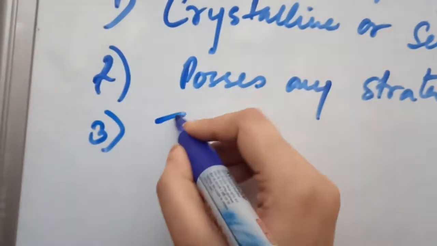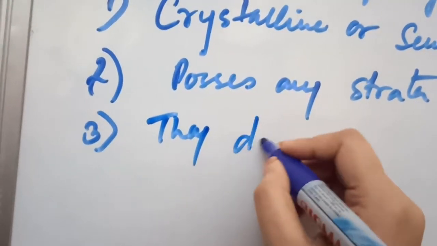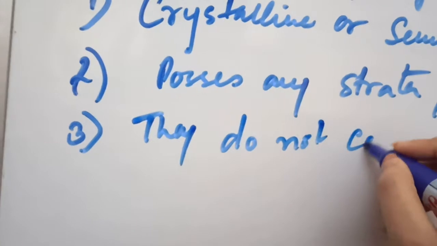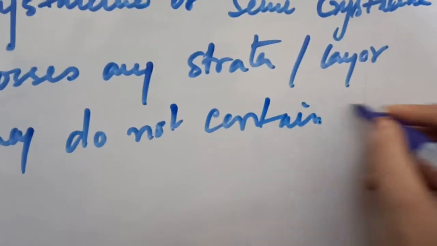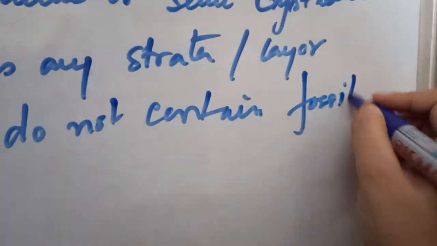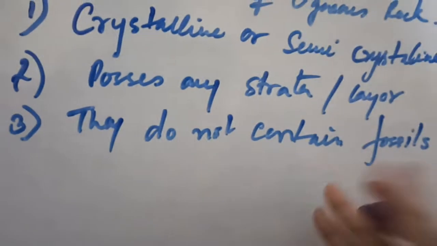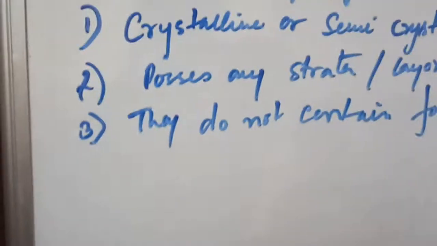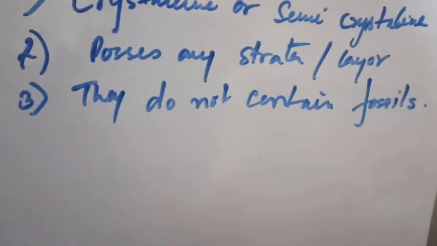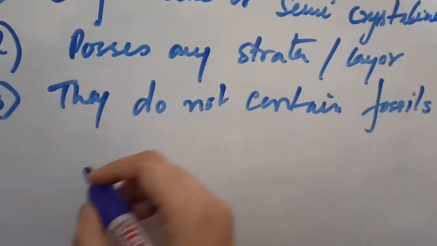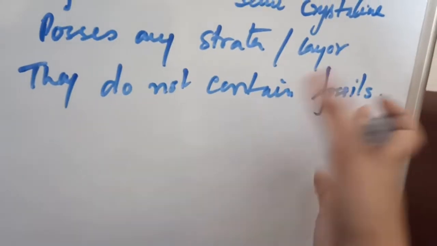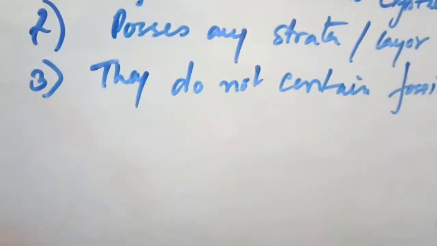Next is that they do not contain fossils. When the igneous rocks were forming, at that point of time no life was present on the earth's surface, so that is the reason fossils are not present within the igneous rock.